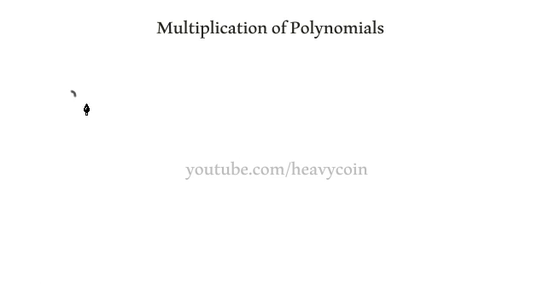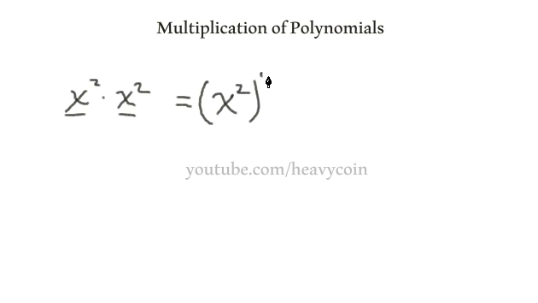But let's say I had, for example, x squared times x squared. Well, because there's two identical terms right here, we could write x squared, and that's all raised to the 4th power.